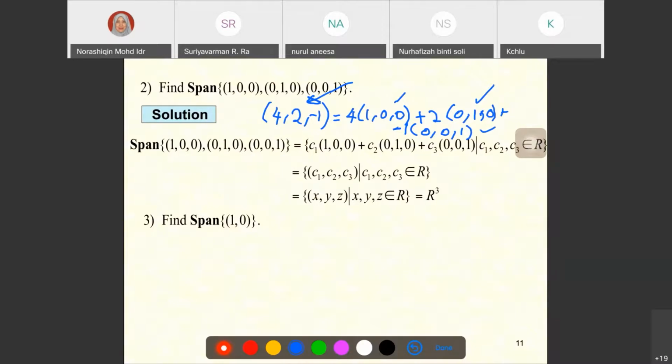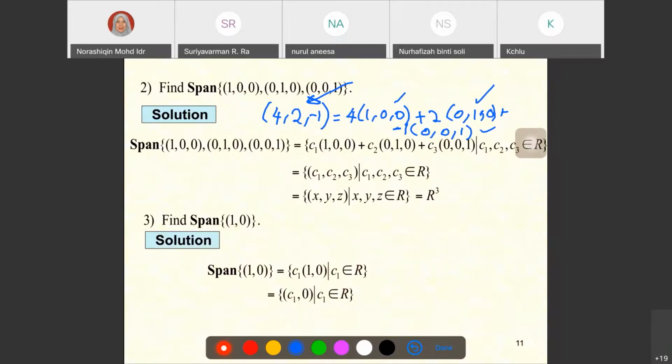It's only one C. So if it is one C, it means C1 times (1, 0).